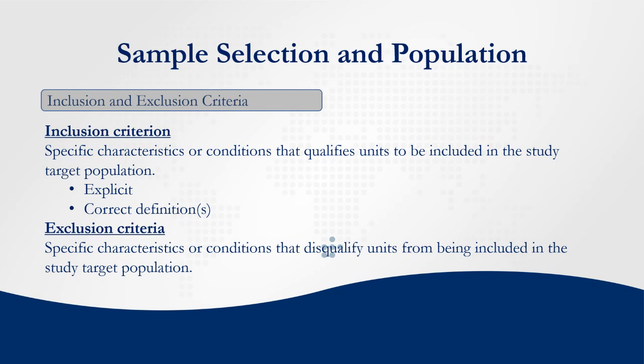So definitions, I think I'll show examples, and the exclusion also, which is also intended to assist you to get to the right target population. It talks about what characteristics or conditions disqualify a unit from being included.